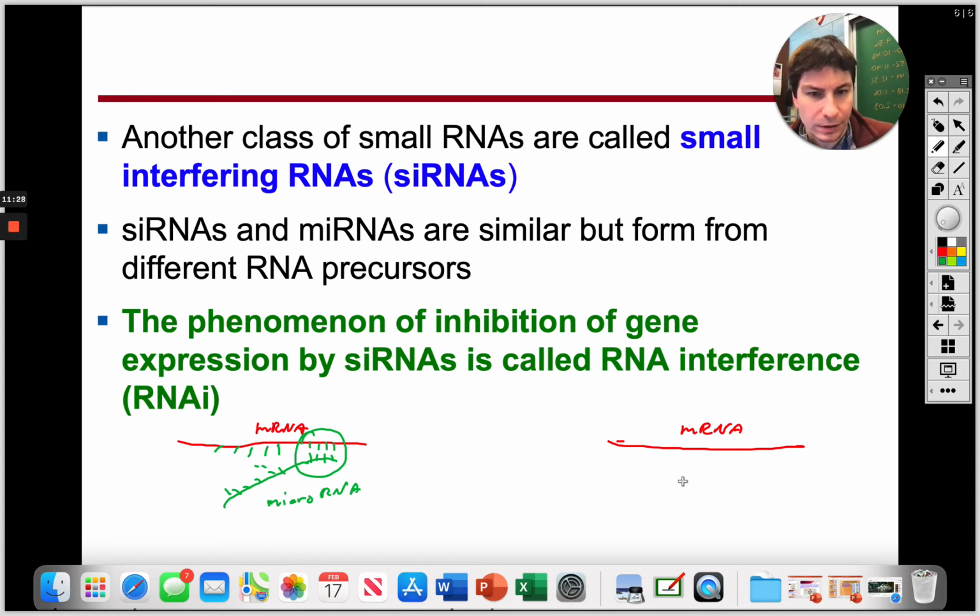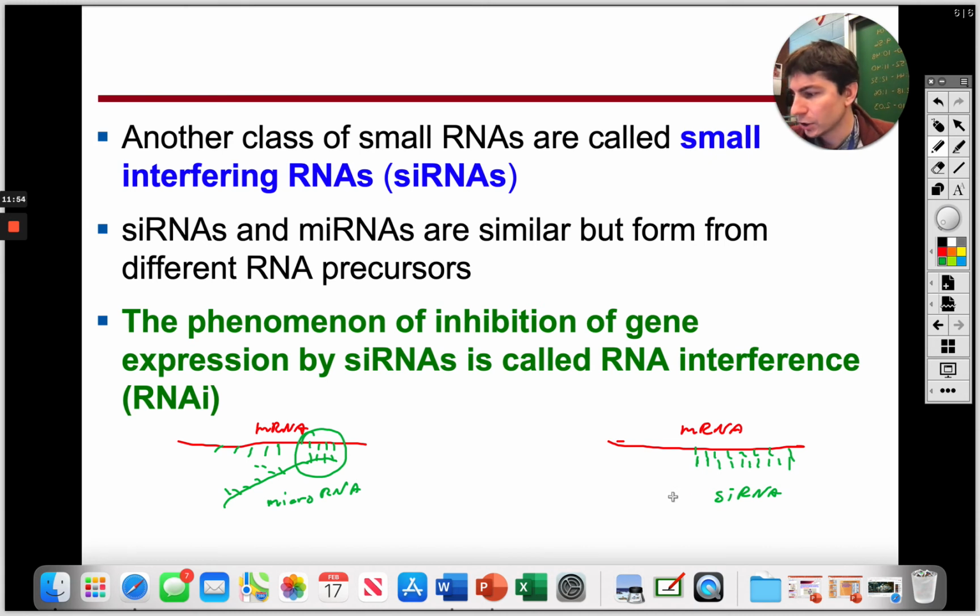Over here is our small interfering RNA, and that one is going to be complementary to our mRNA. All right, so for the microRNA, we're just going to have a small region that is complementary, and for the siRNA, we're going to have a larger region that is complementary.